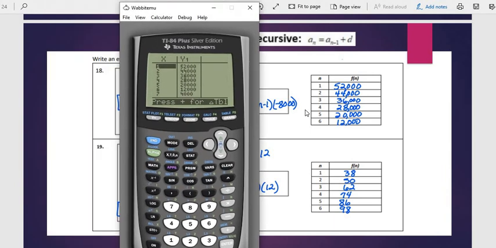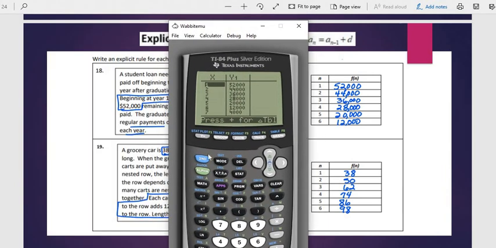So I can take this right here and go to y equals, type in my original equation. Remember, you cannot type in an n, and X stands for any number or year that you need right here. Now once you have it, you're going to go to second and graph, because you want this table right here.